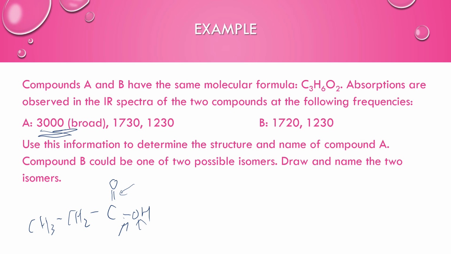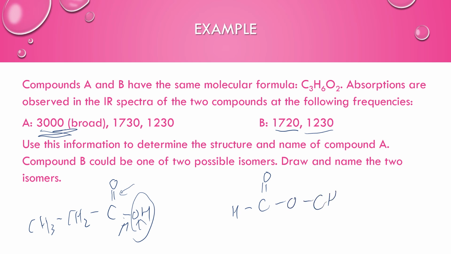For compound B, we've got 2 possible isomers. Draw and name them. And so this time we don't have that 3000, which refers to the OH for carboxylic acids. So we don't have an acid. But we still have the CO double bond, and we still have the CO single bond. So it's probably going to be an ester. So we've got 2 possible esters here.